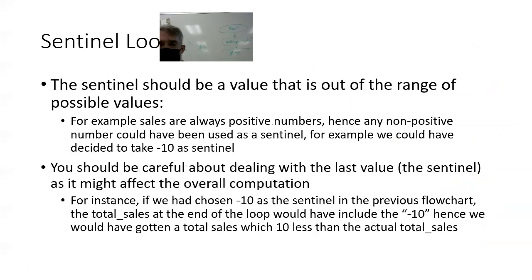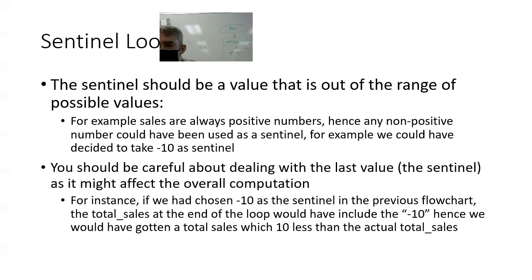So our Sentinel there was 0. Let's talk a little bit about Sentinels. So it should be a value, I called it a secret code, right, to get us out of the loop. But it should be a value that's not going to turn up in the ordinary processing of that loop. So we chose the number 0 there because people don't normally have a sales value of 0. You could choose a negative number. That would work really well because nobody's going to have a negative sales value.